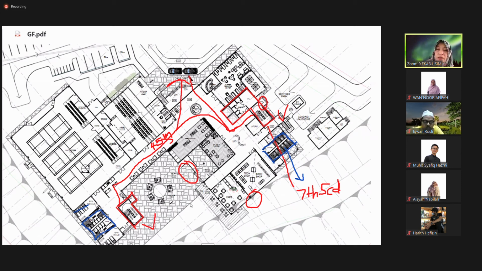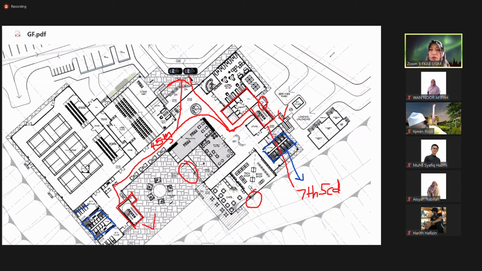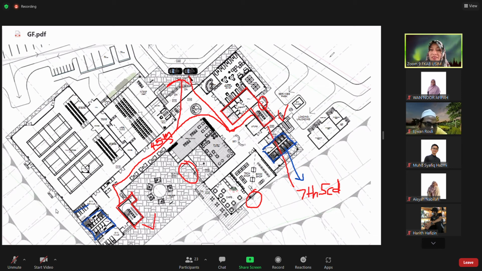Okay, after you determine this, the next question is where you want to determine the split unit and also the central unit of air conditioning. Okay, let's say air-con is the green colour. Green.